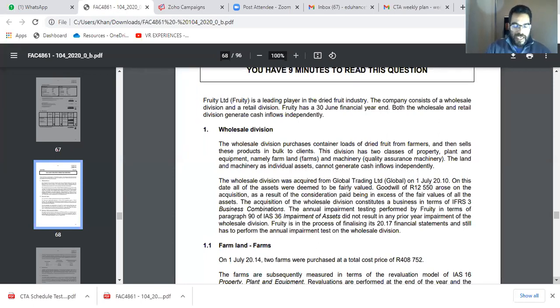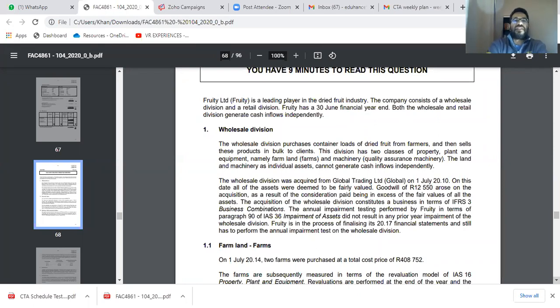Now, remember we said you only test for impairment if there is an indication of impairment. However, there are two exceptions to that rule: when you have goodwill and when you have an intangible asset that has an indefinite useful life. There's a third case, but I'm just going to share these two.